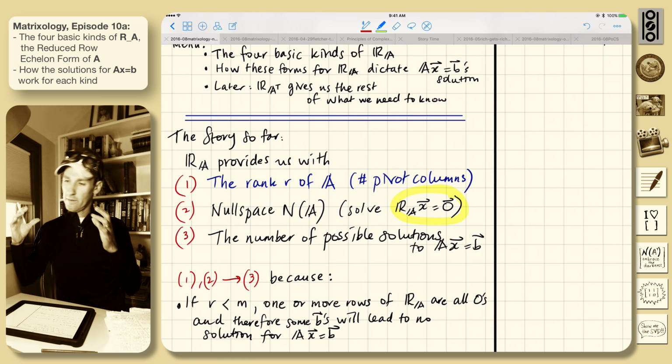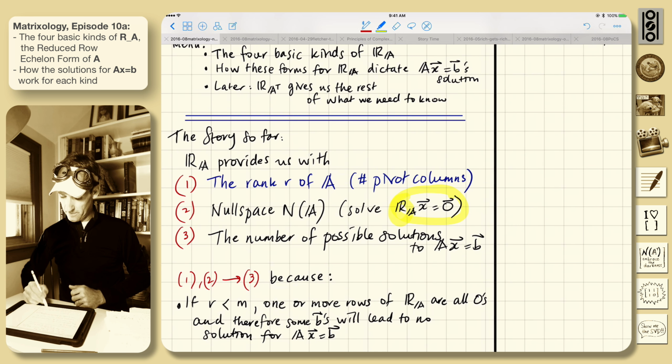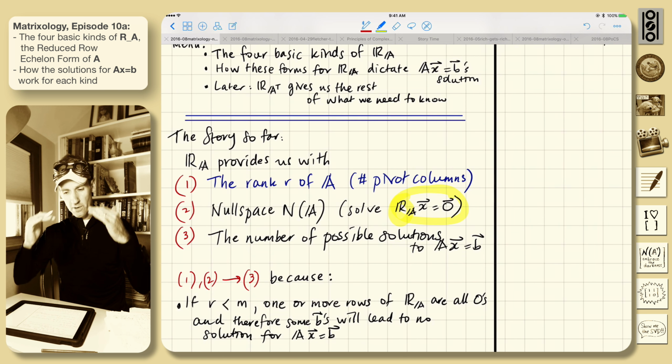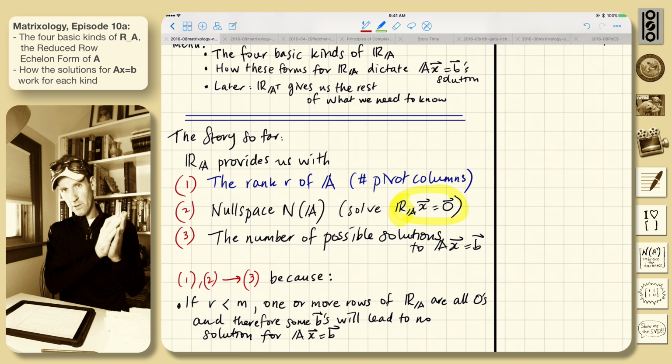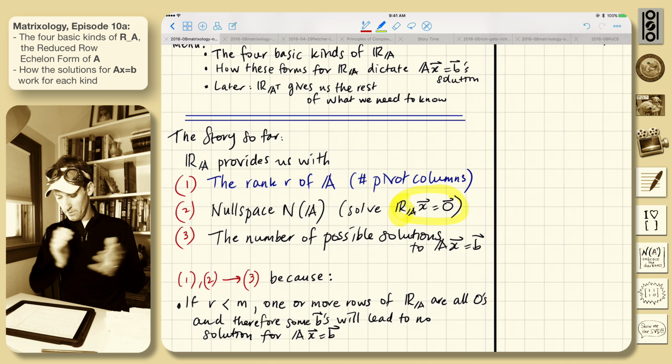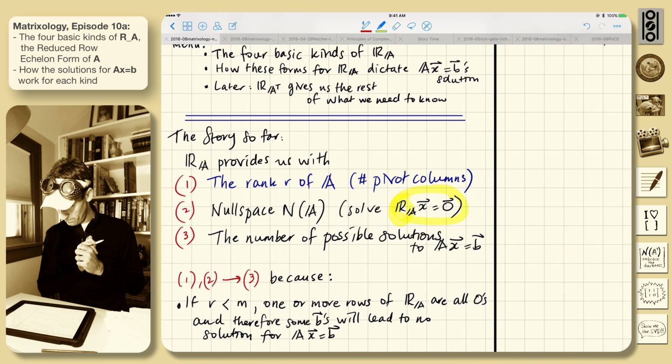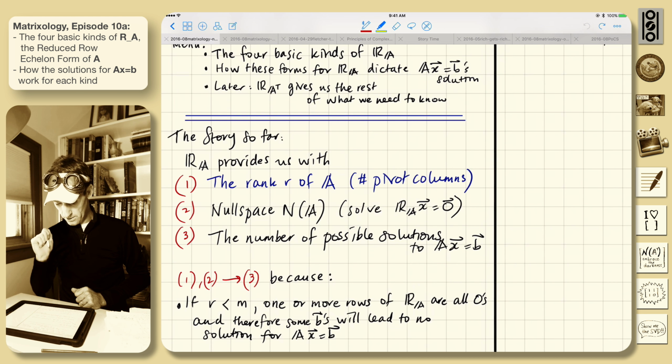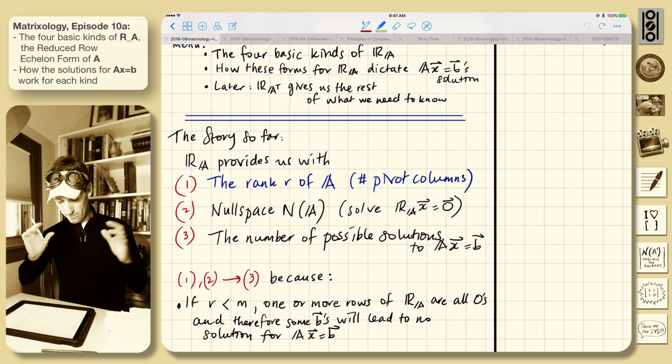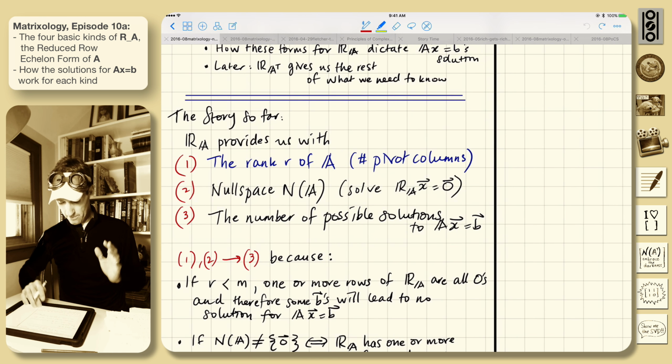Once again, the reduced row echelon form is different to A. We've destroyed the rows, but they have the same solutions, and that's why this method is what it is. We get to a much simpler matrix. It's very easy to solve. So there are 2 pieces, and then that tells us everything.